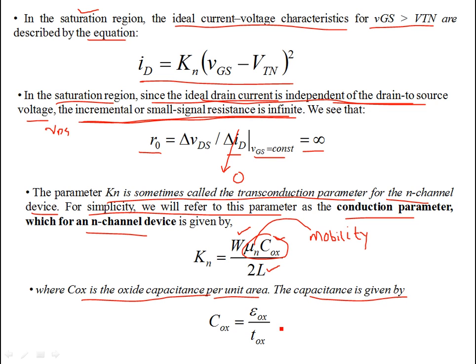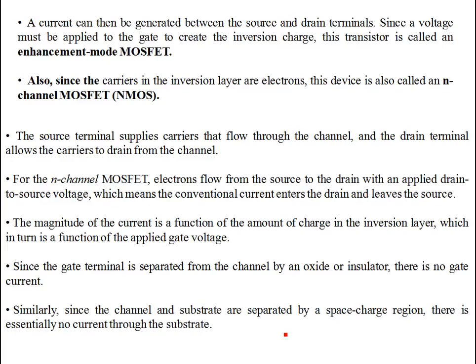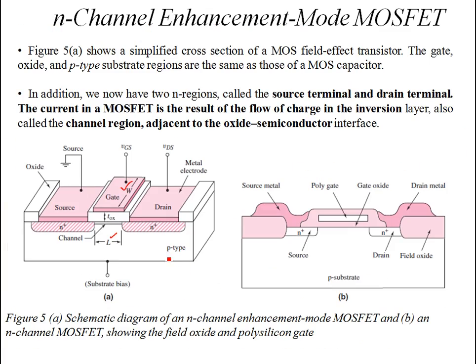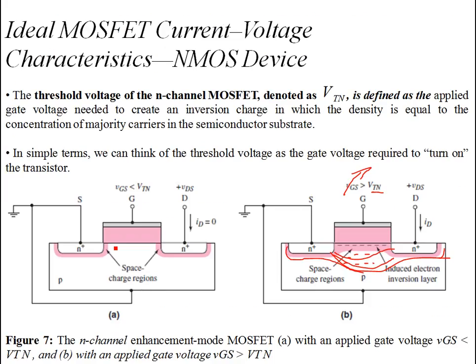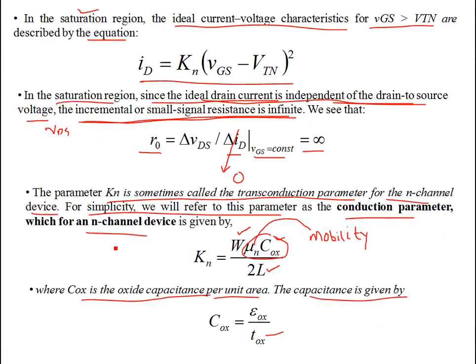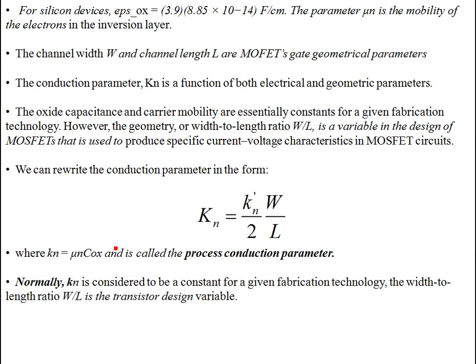The capacitance per unit area is given by epsilon, the permittivity of the oxide, over Tox, the thickness of the oxide. If you recall, we defined this thickness Tox earlier. This oxide has a permittivity of epsilon ox, and it could be silicon dioxide, a dielectric between the gate having a width W and length L. That's how you express the transconductance parameter in terms of those parameters.